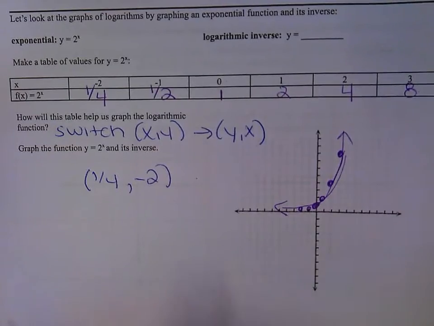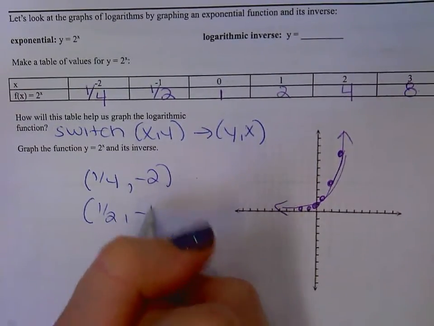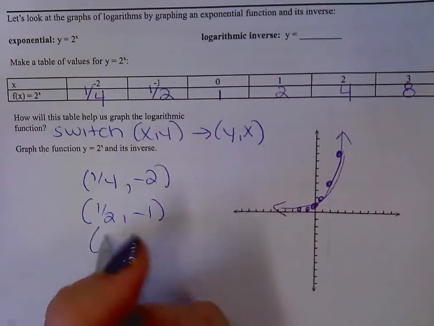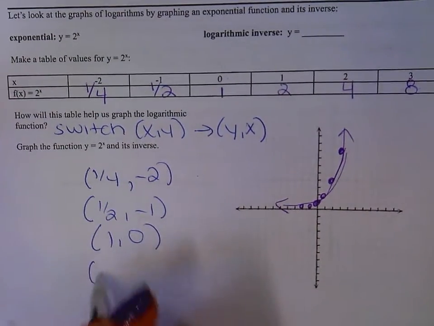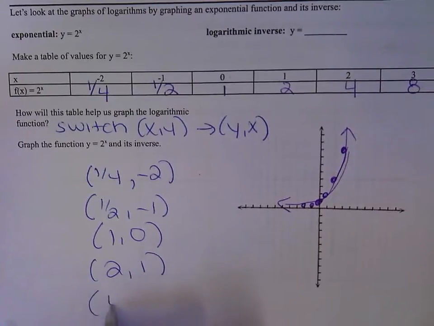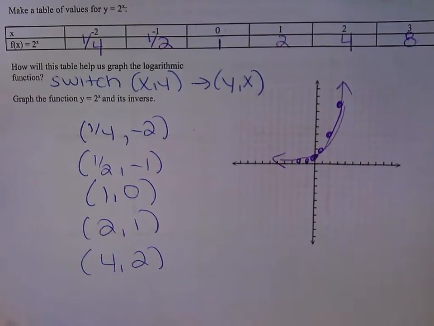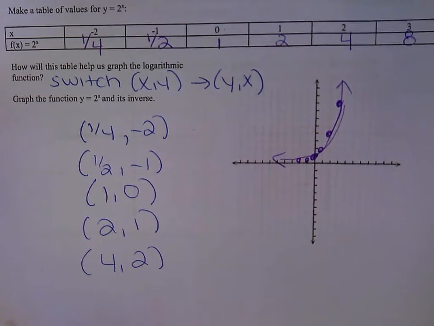And my x value would be 1/2 and my y value is -1, 1 0, 2 1, and 4 2. I'll leave it just at that. I really don't need the 8 3. So we're going to graph those points, and that will be our log graph.